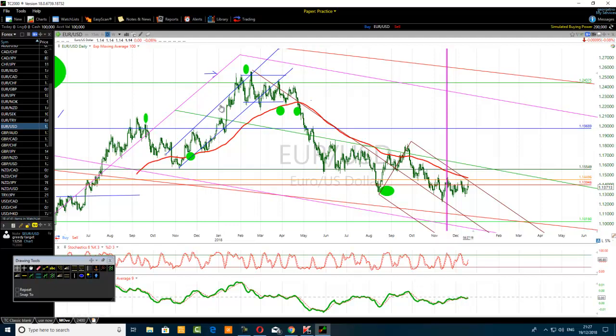I'll come back to that. Remember this blue channel? In a rising channel, you see, this was a resistance level before, and this was a resistance level again.